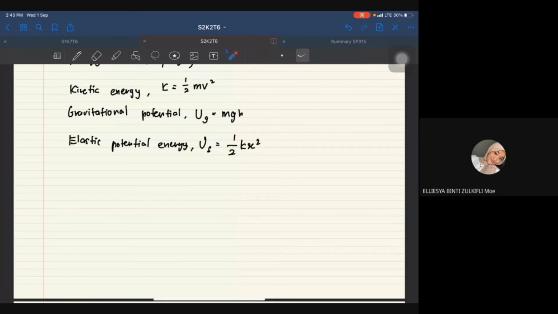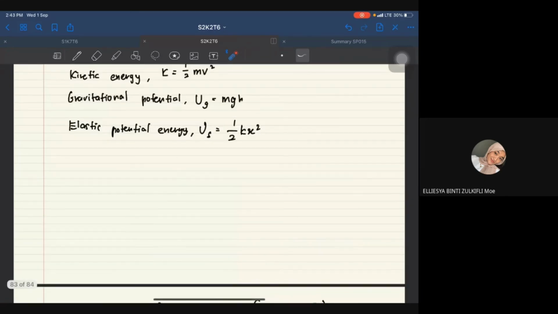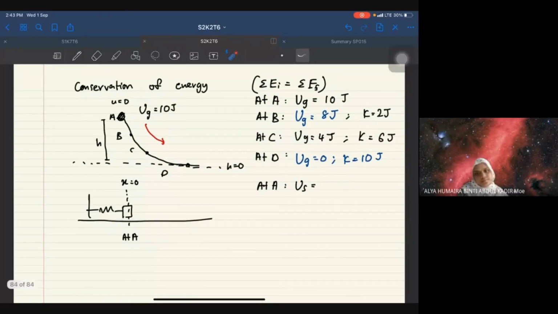Kalau dekat equilibrium tadi saya cakap x equals berapa? 0. So kalau see here it becomes 0, the whole term over here becomes 0. So US is equal to 0. So if this object is at equilibrium, maksudnya dia tak bergerak, dia memang daripada asal, dia memang kat situ. So that means there's no elastic potential in the spring.